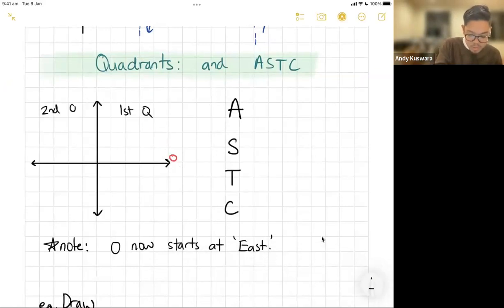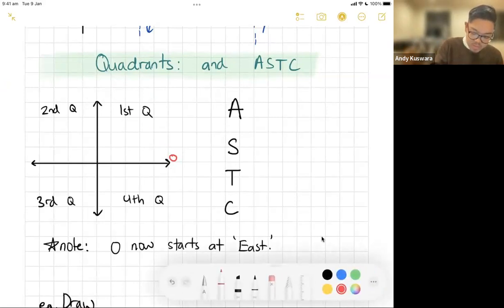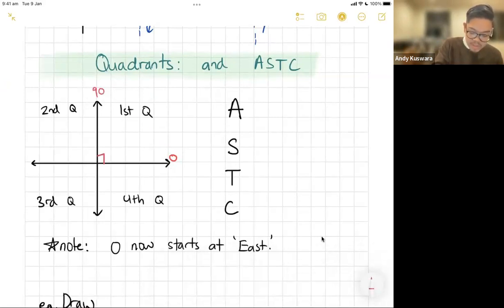This becomes your second quadrant, this becomes your third quadrant, and this becomes your fourth quadrant. So that's 0. As we travel this way, that goes to 90. As we continue on, this becomes 180, 270, and then this becomes 360.